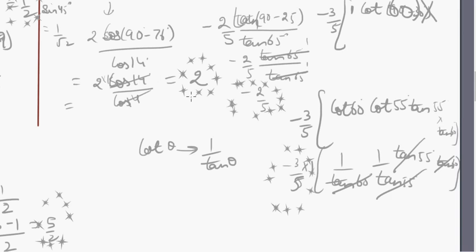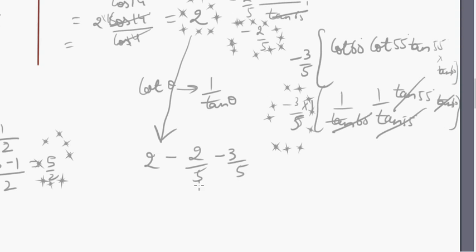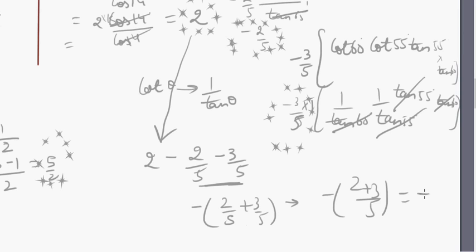So the three parts are 2, minus 2 by 5, minus 3 by 5. Now this part is easy to solve because the denominator is the same. Take minus common and the answer will be minus 2 plus 3 over 5, that is minus 5 by 5 or minus 1.